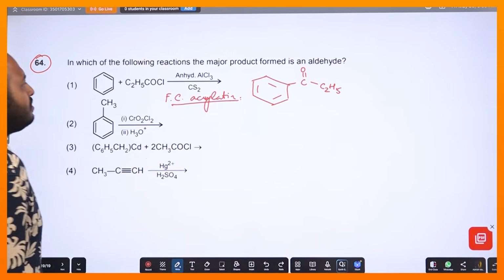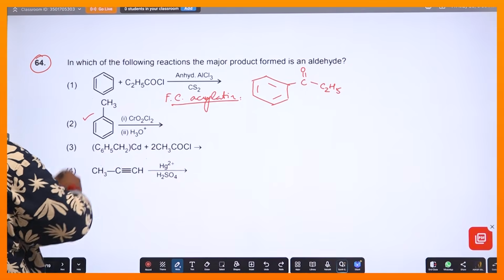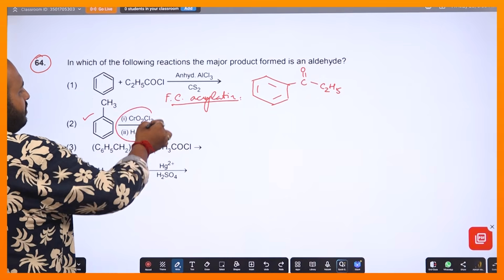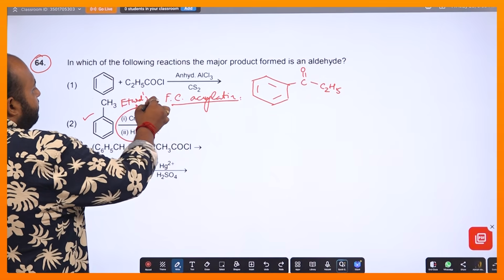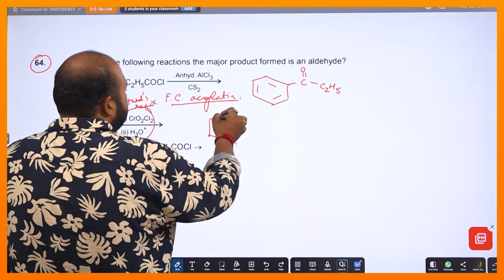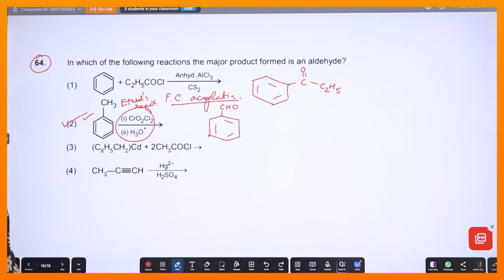So there is no aldehyde formed in this case. Okay, the next is the famous Etard reaction. This is Etard's reaction, and it will form benzaldehyde in this case. So we don't have to check any others, because ultimately we will be getting an aldehyde in this case.